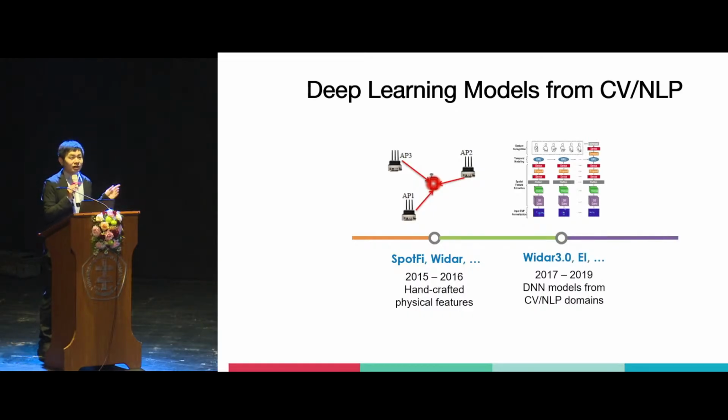So let me move to the second stage. With the success of deep learning methods, especially in computer vision, many accurate and robust recognition methods have been proposed. Inspired by this, the wireless sensing community began to combine this classic deep learning method with the physical features we just discussed.